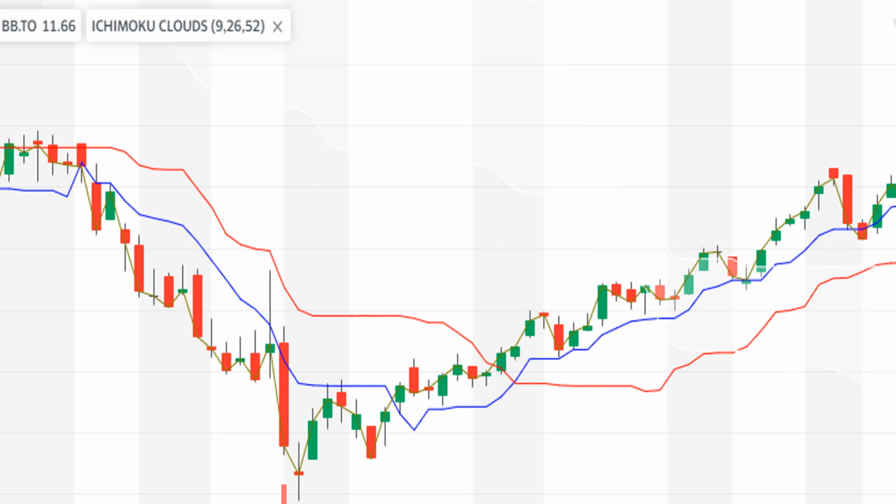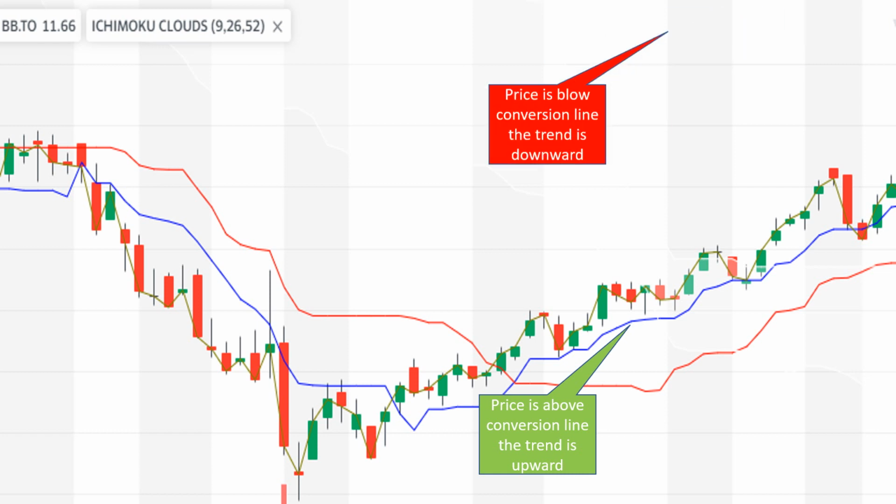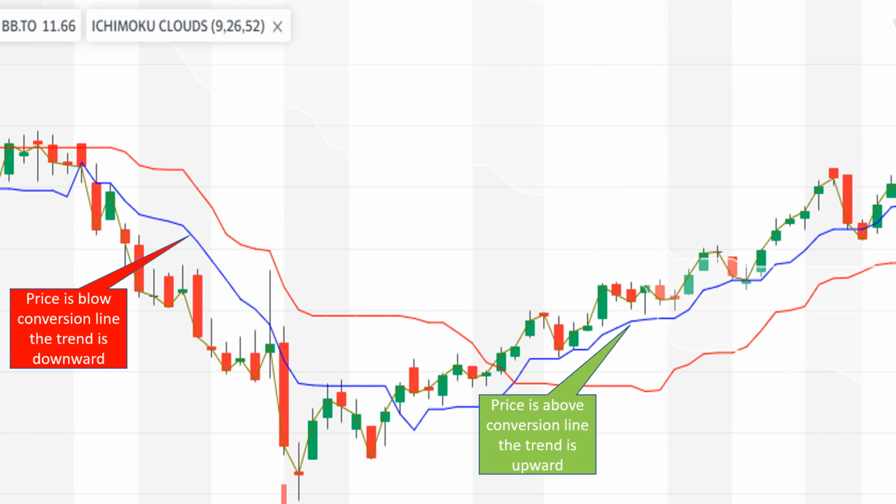One of the important aspects of the conversion line is to measure the short-term momentum, and when the price is above the conversion line, it means we have an uptrend momentum in place and the trend is heading upward. Conversely, when the price is below the conversion line, we have a downtrend momentum in place and the trend is heading downward.